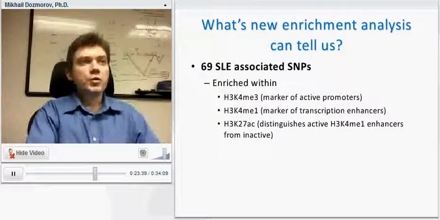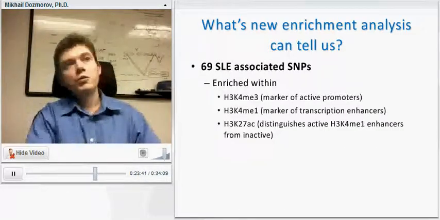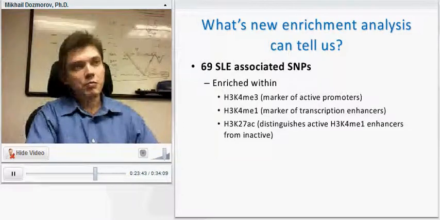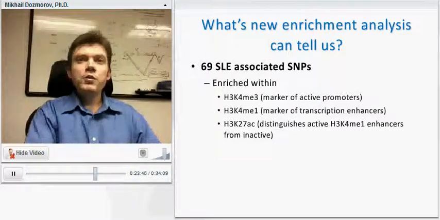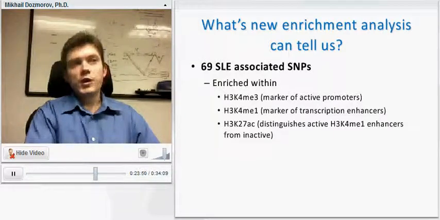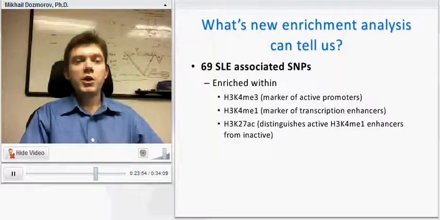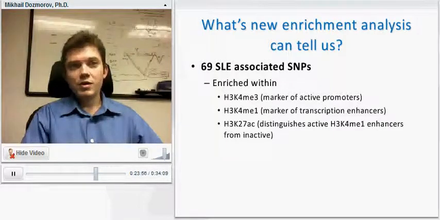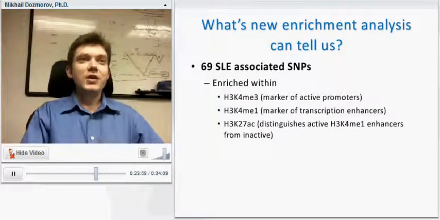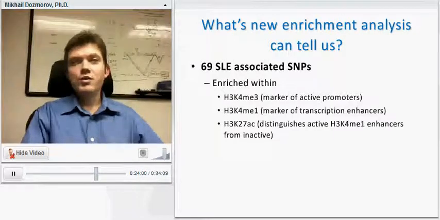What about lupus? 69 systemic lupus erythematosus associated SNPs. Genome Runner found them to be enriched within 3 methylation marks. H3K4 trimethylation is a marker of active promoters. So that can tell us about genes that are actively transcribed.